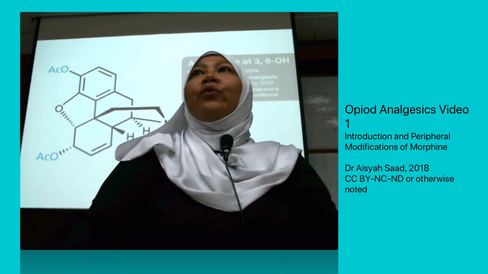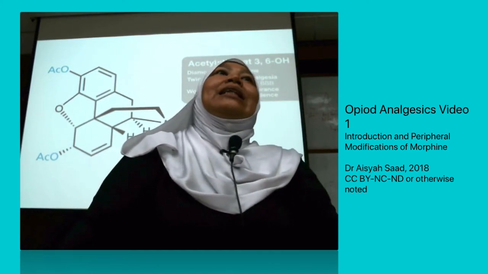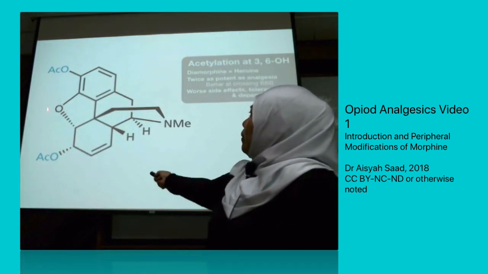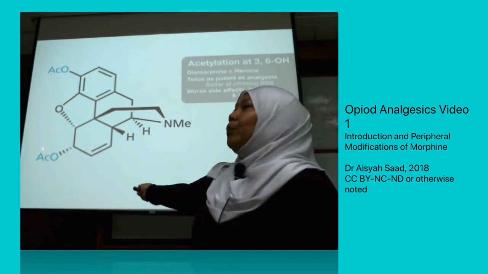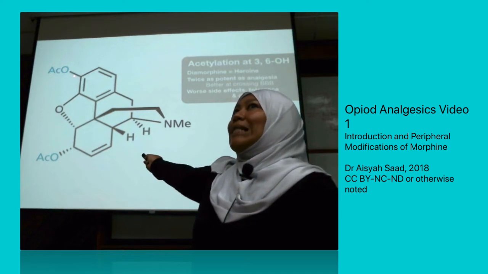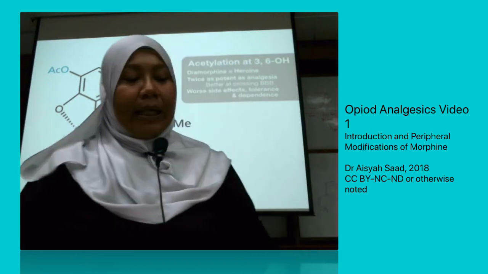Heroin. We've heard of heroin? Heroin is the diacetyl modification at these two ends only. The rest of the structure remains the same, but you have the acetyl group. Remember I said in second year, you have to open up the AC to see the acetyl group. So the acetylation.